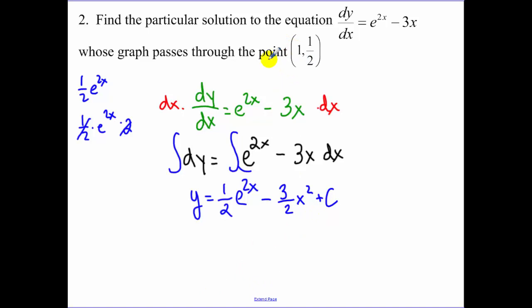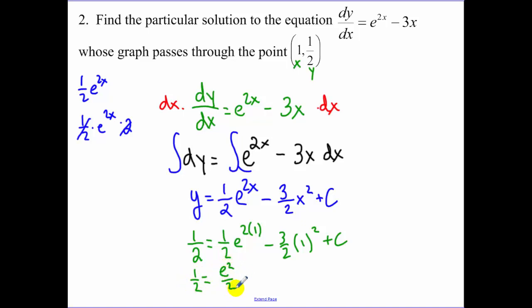Now they give me an initial point. They give me a point that it passes through, (1, 1/2). So plug in those values. Plug in 1/2 for y equals 1/2 e to the 2 times 1 minus 3/2 times 1 squared plus c. So solving this, we get 1/2 equals e squared over 2 minus 3/2 plus c.